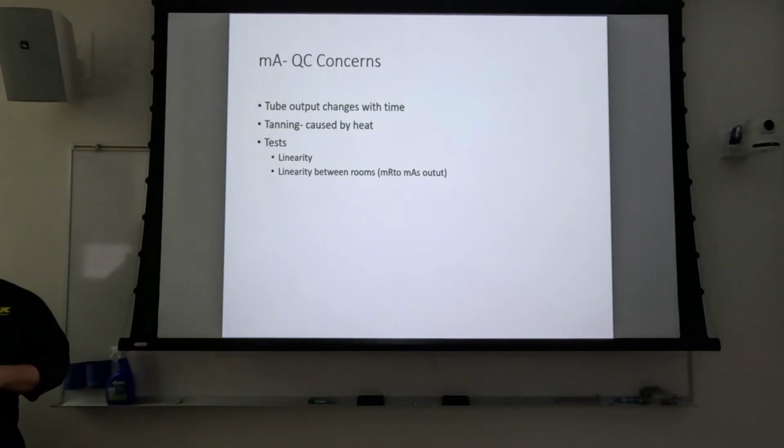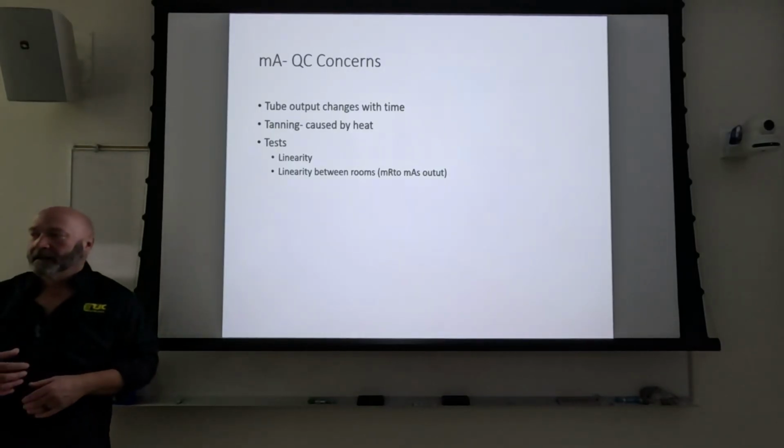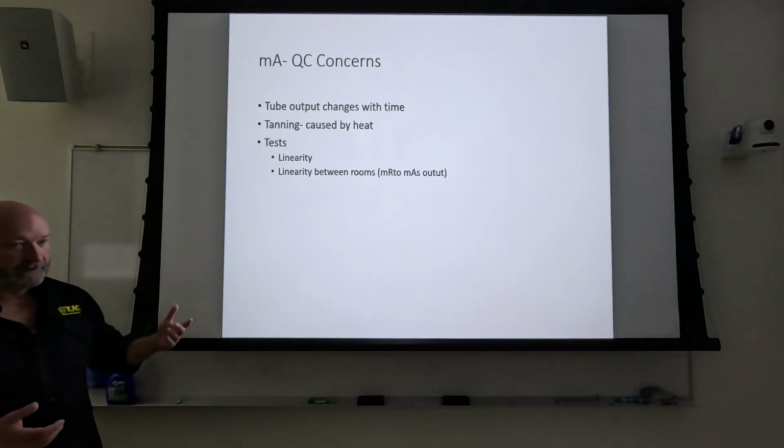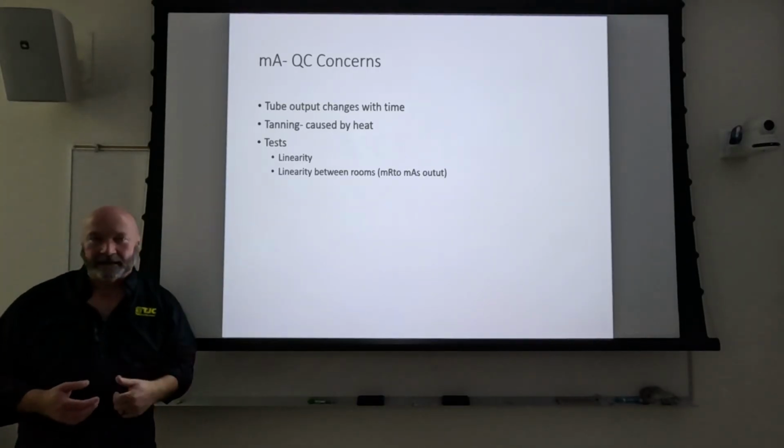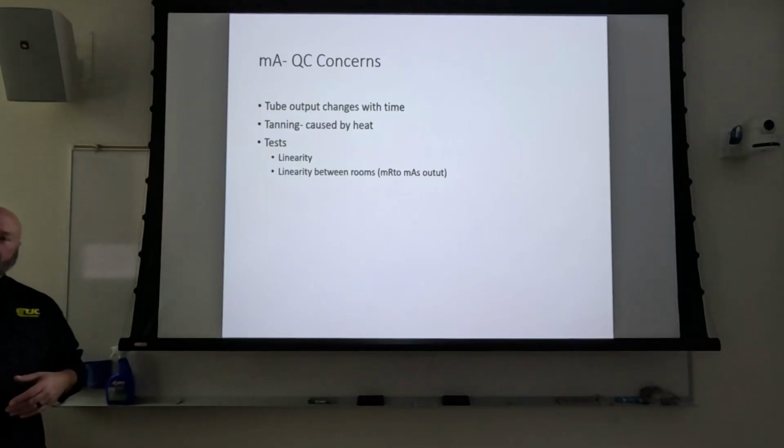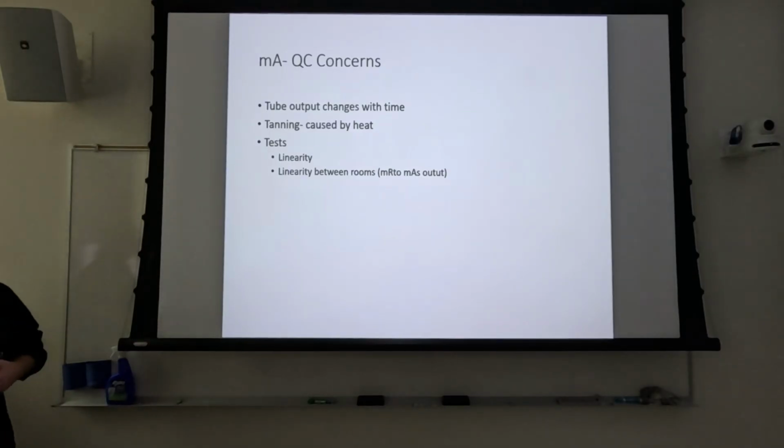And if it's too low, it's not within those limits that we need it to be within, then they'll go in and tweak the machine and bring it back up to where it should be. And that's because of tanning of the tube. We get an increase in inherent filtration, and the next year they'll have to do the same thing, and every subsequent year after that they'll have to do the same thing again. So it's tanning of the tube.